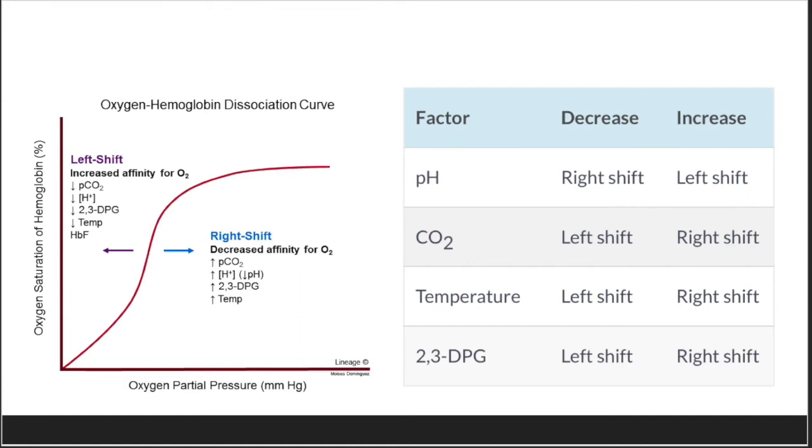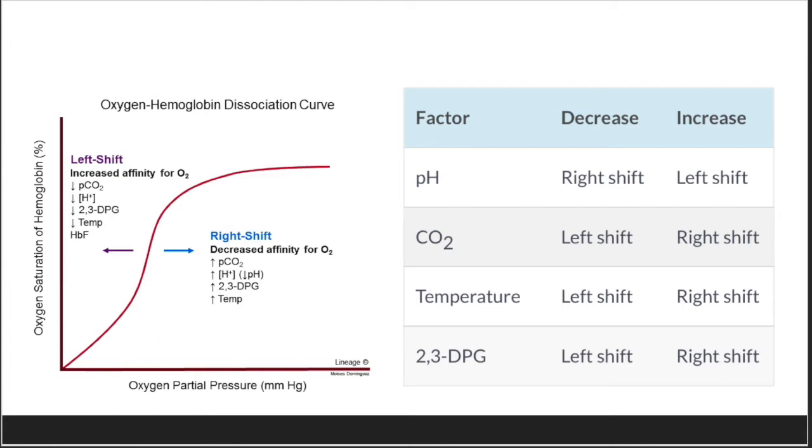Now, when the curve shifts to the left, this is going to have an increased affinity for oxygen. Your crowbar and your key obviously are going to become smaller because it's going to have an increased affinity for oxygen, and it's not going to pry it off. And those things can happen, such as decreased levels of PCO2, which is decreased levels of CO2.